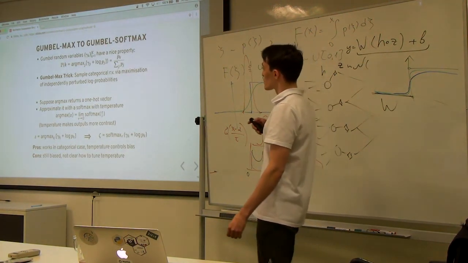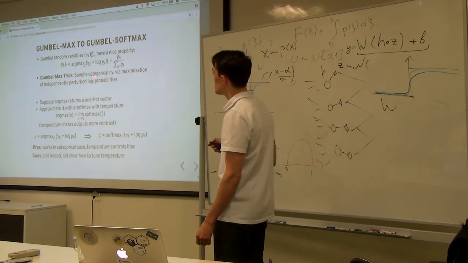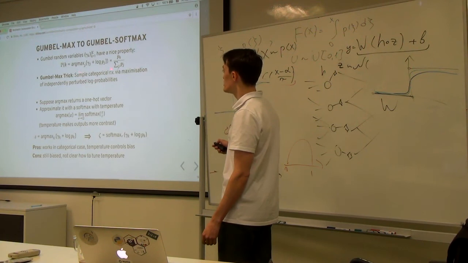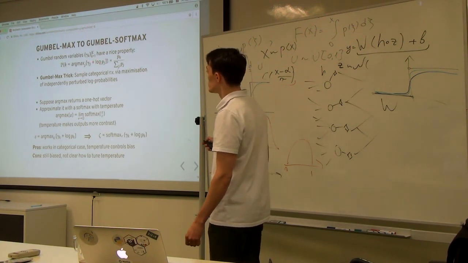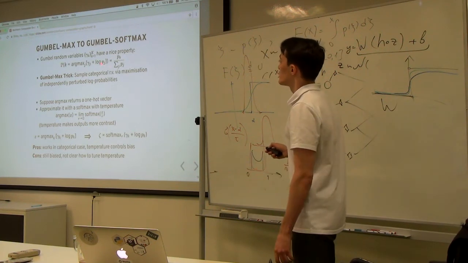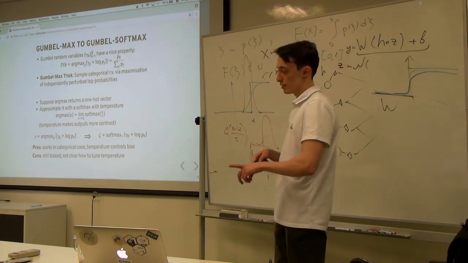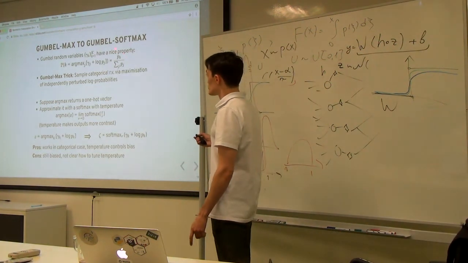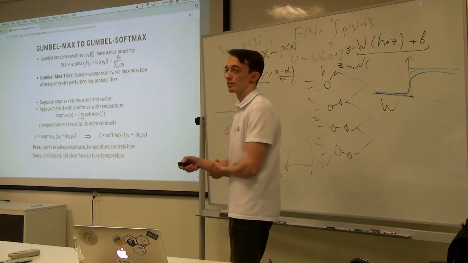The Gumbel-Max trick says that if you take these Gumbel random variables and perturb each by adding the log probability, then the probability that the kth perturbed Gumbel will be the maximal one is proportional to this perturbation.